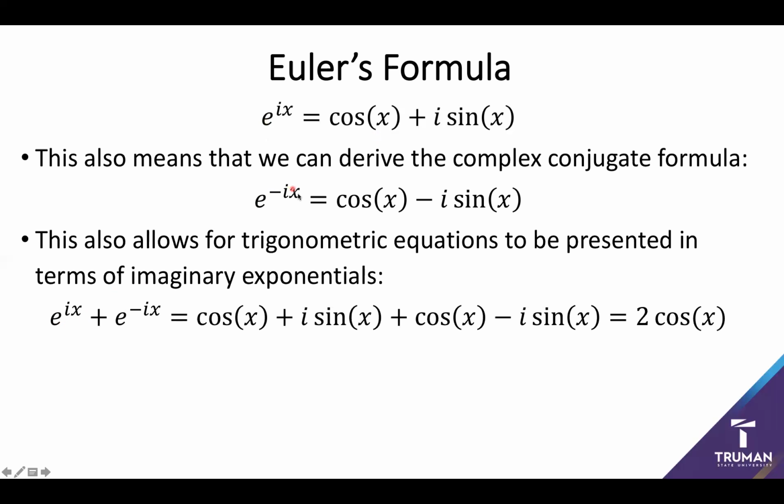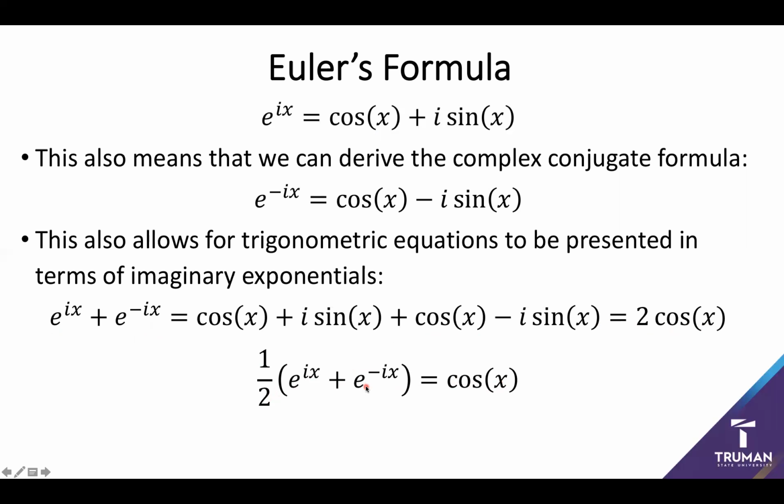We can put in these two expressions, and then we'll note that I sine x is going to cancel out with negative I sine x. All that leaves behind is 2 times cosine. So twice cos x is just the sum of these two exponential components. This is more commonly expressed as cosine x being equal to 1/2 the sum of these two exponentials.